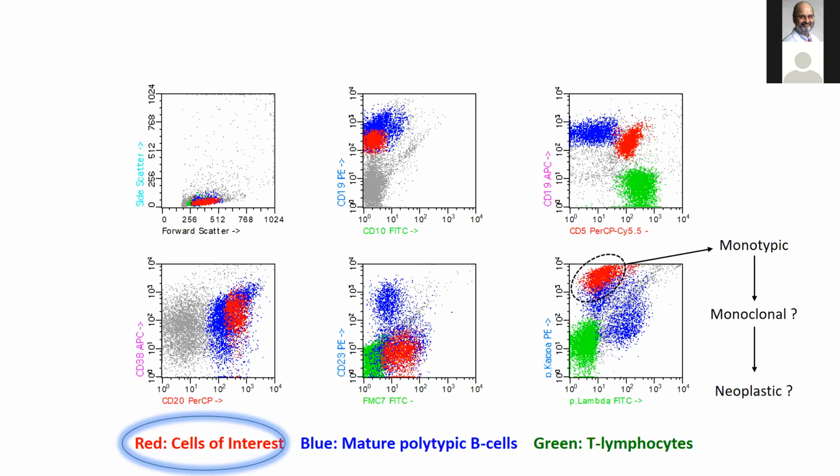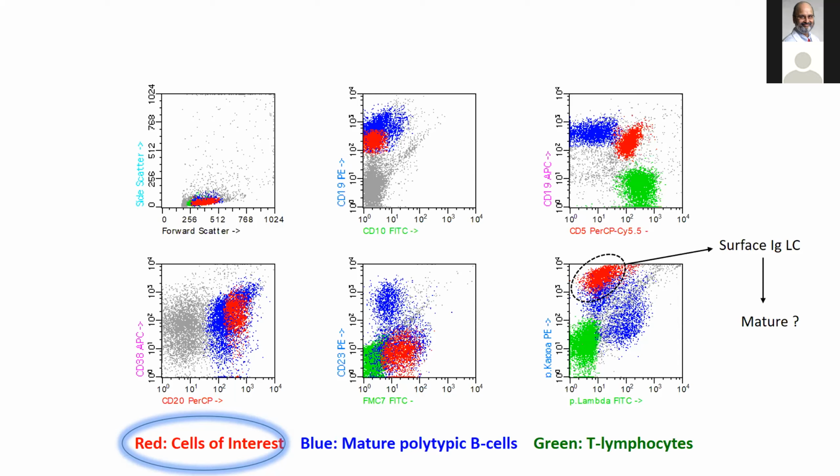So at this point, we would say that we've got here a population of monotypic small B lineage cells. All right, the fact that they have surface immunoglobulin light chain then tells me that these are likely to be mature, okay?